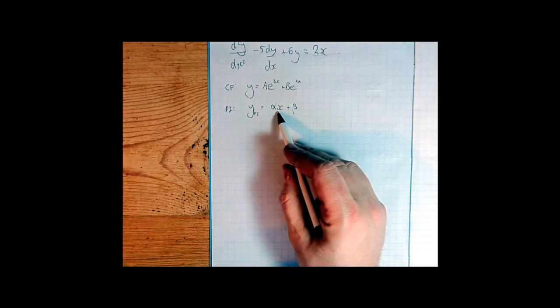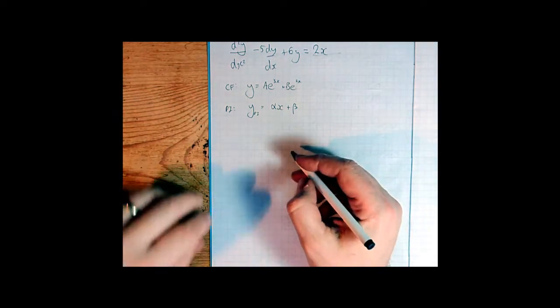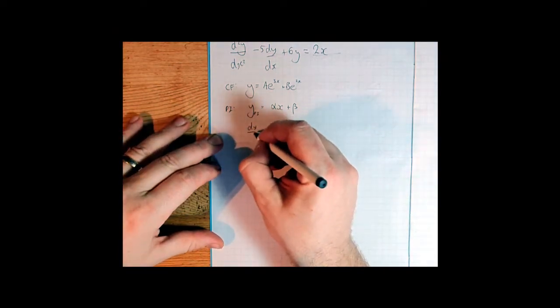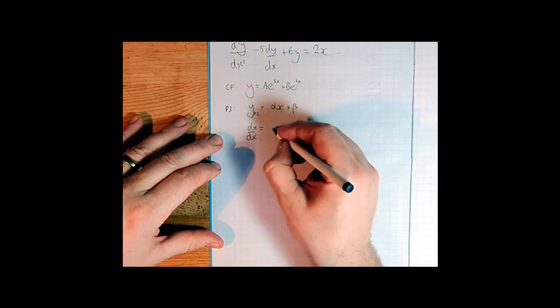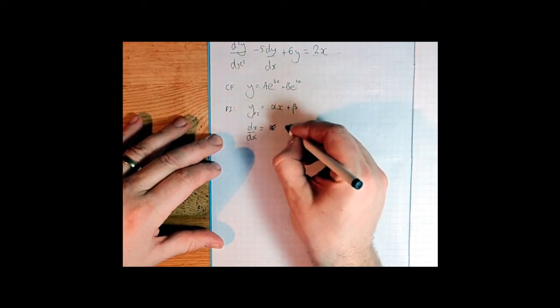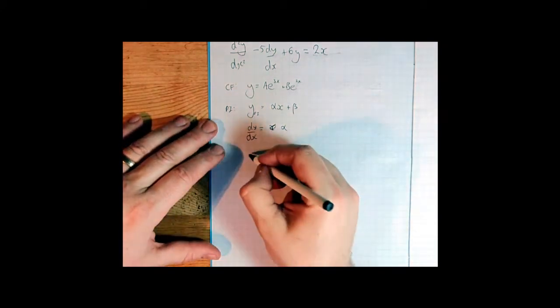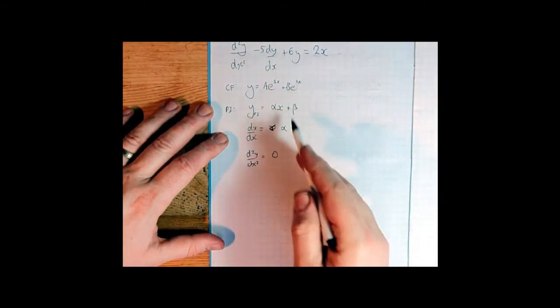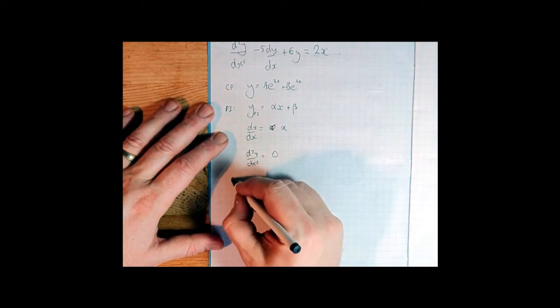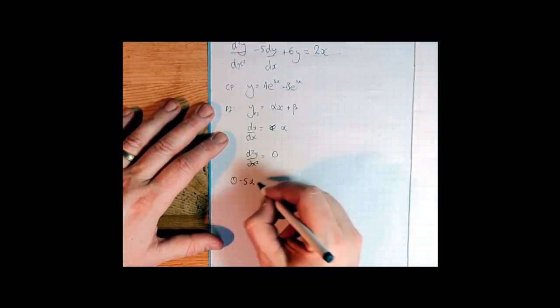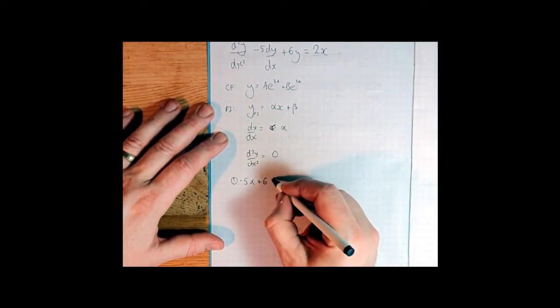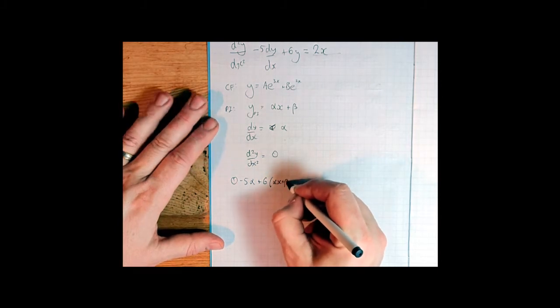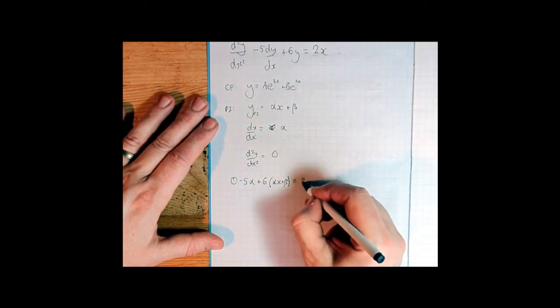So alpha x plus beta. So dy by dx is alpha. Second derivative is 0. Sub into the original equation: 0 minus 5 alpha plus 6 times alpha x plus beta equals 2x.